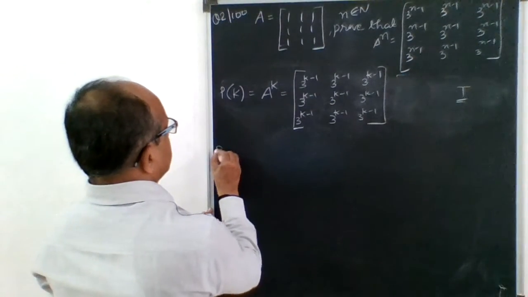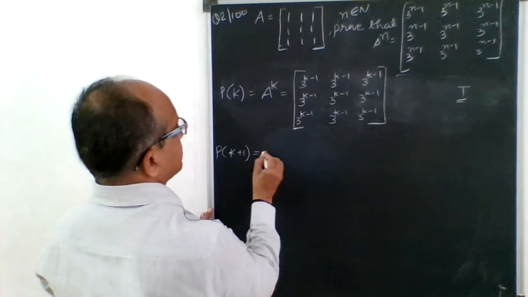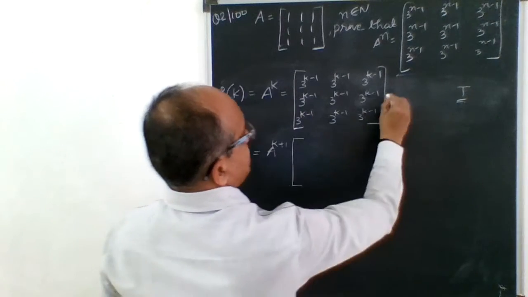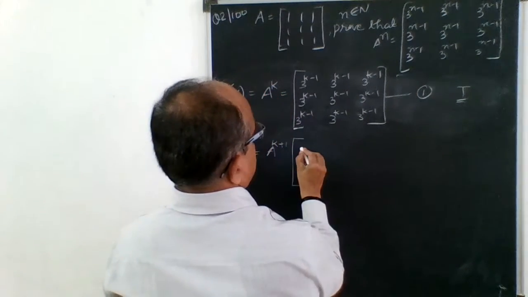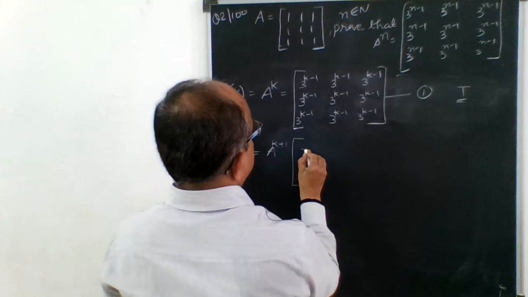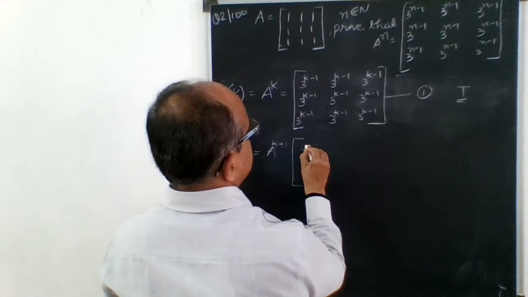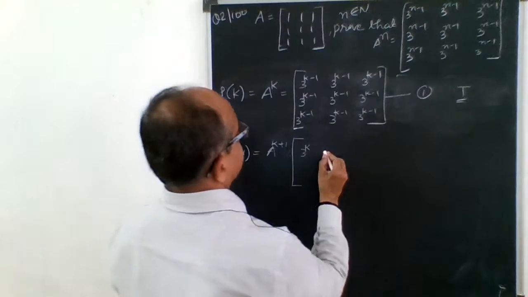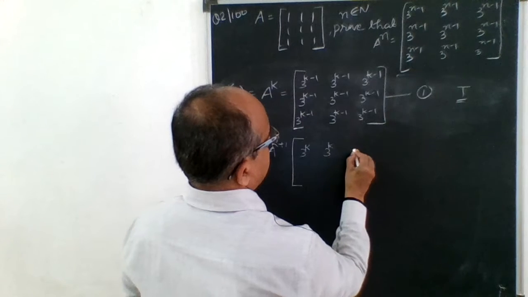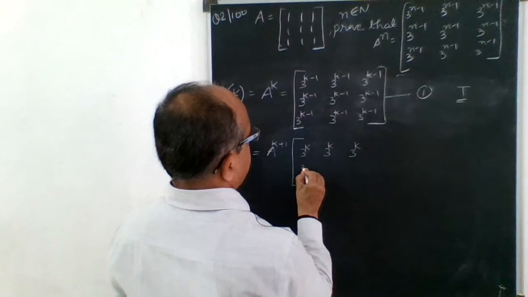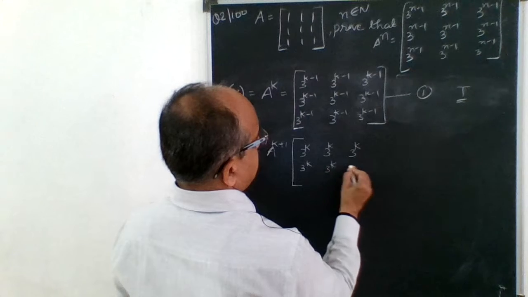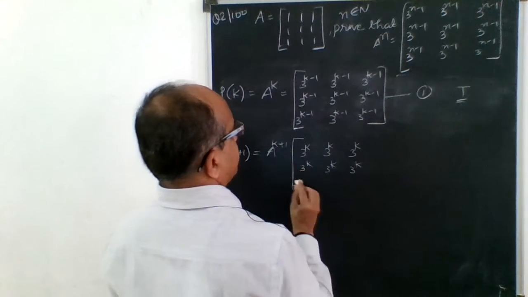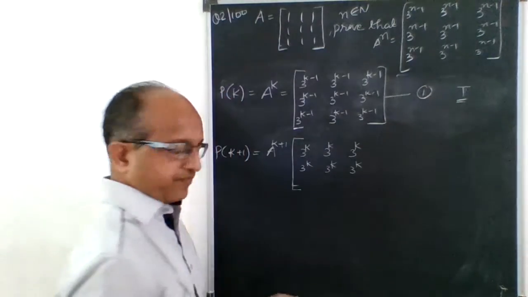So when we are doing k plus 1, we have 3 raised to k plus 1 minus 1, so that becomes 3 raised to k. Now before that, see what we can do here.